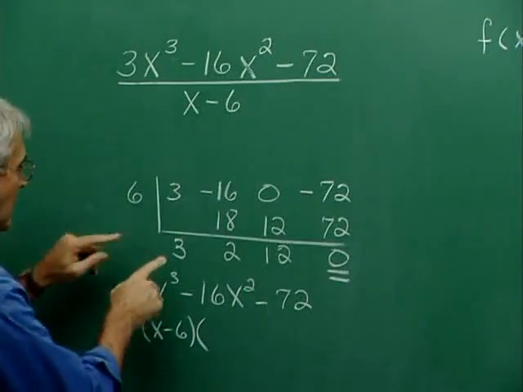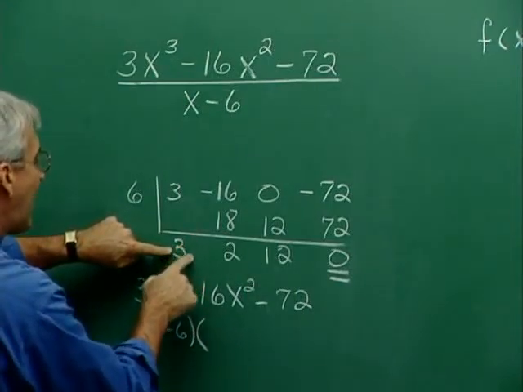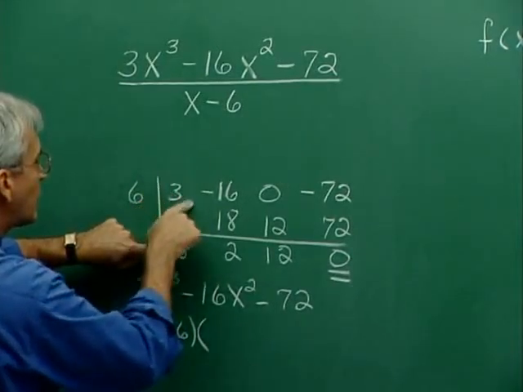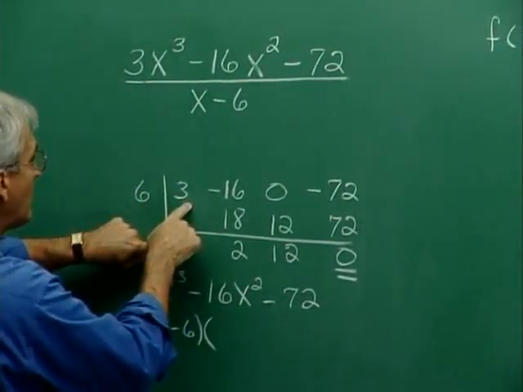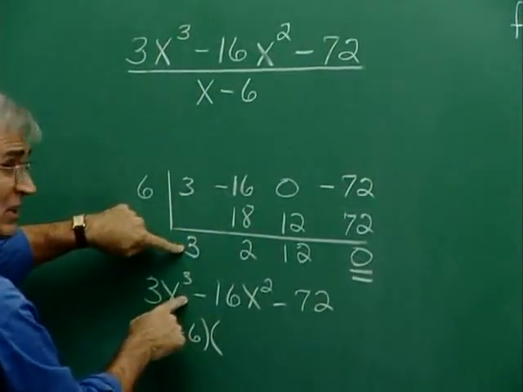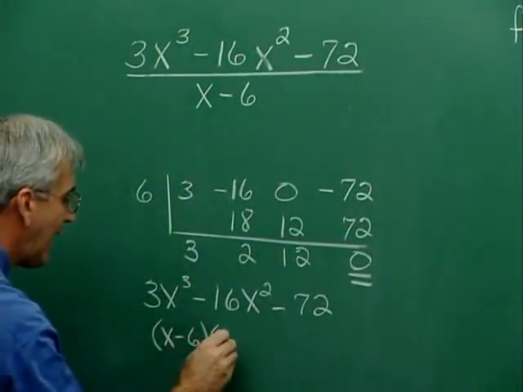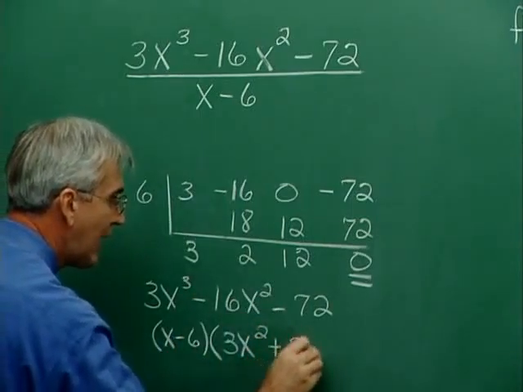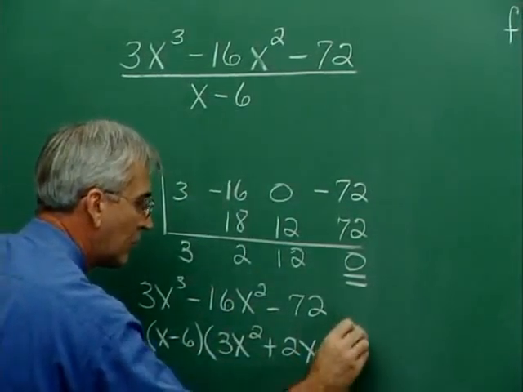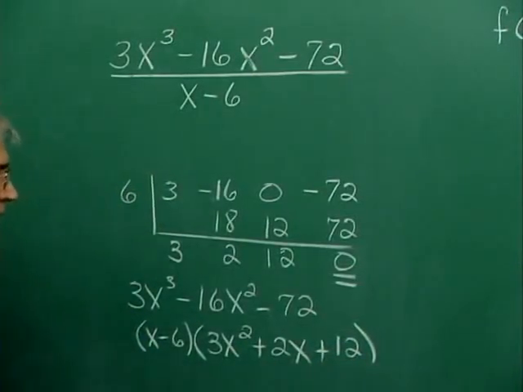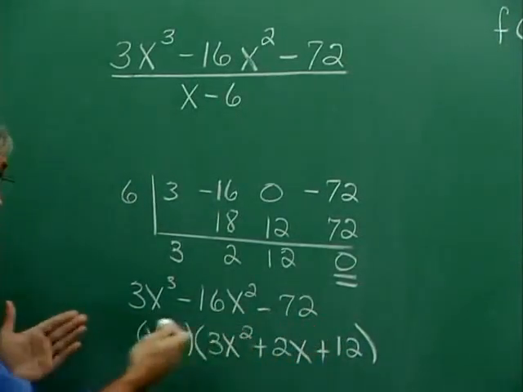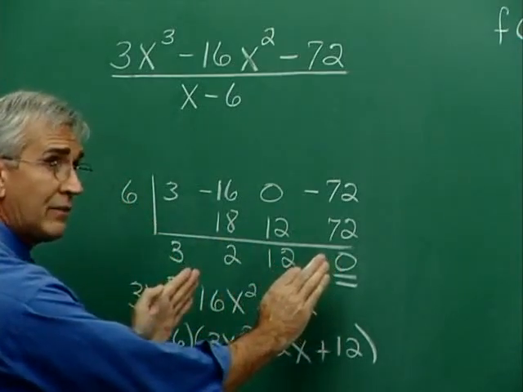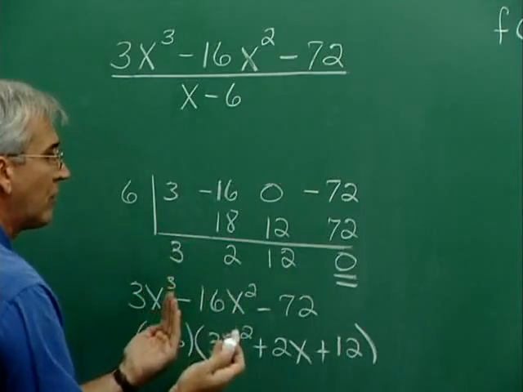It's 3x to an exponent 1 smaller than the exponent on the term implied by this entry. Now remember, this came from the 3x cubed. So what we have here is 3x squared plus 2x plus 12 as the factored form. And we may or may not be able to continue the factorization, but the point is that when the synthetic division goes evenly, it implies a factored form.